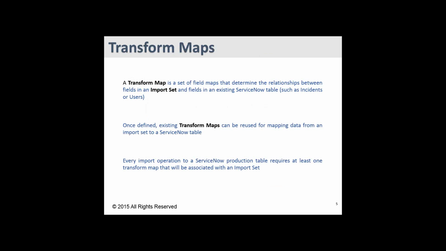Here is what I spoke about. A transform map is a set of field maps that determine the relationship between the fields in an import set and fields in an existing ServiceNow table. Whatever I said, using a transform map, we will map the tables.